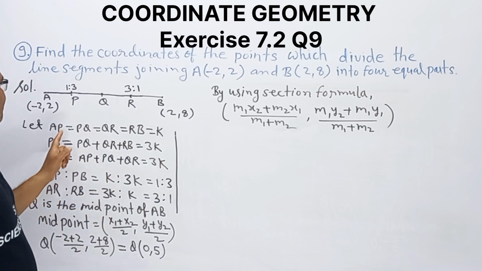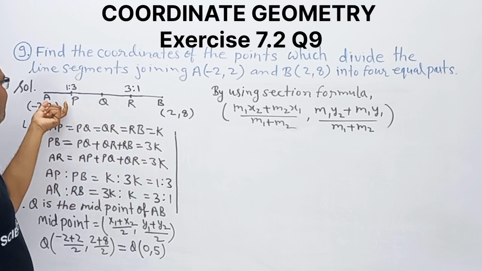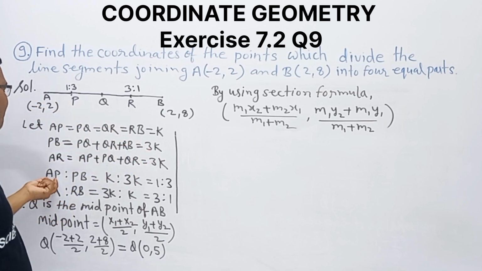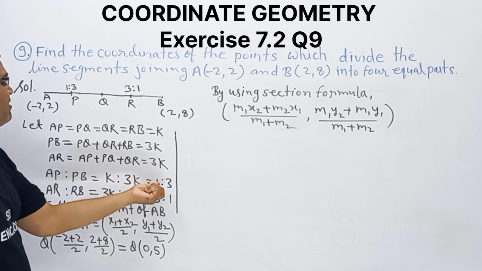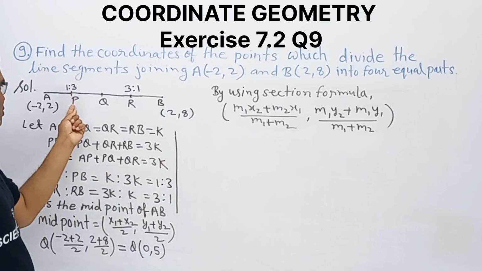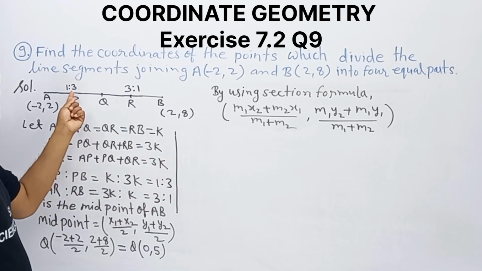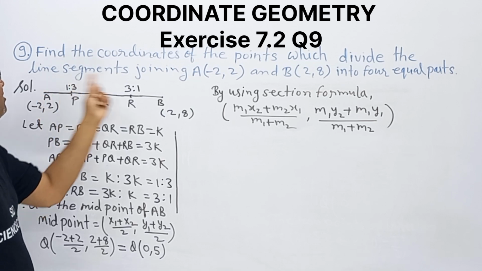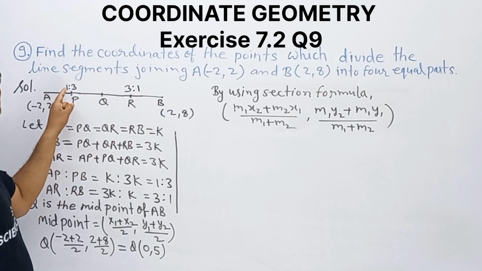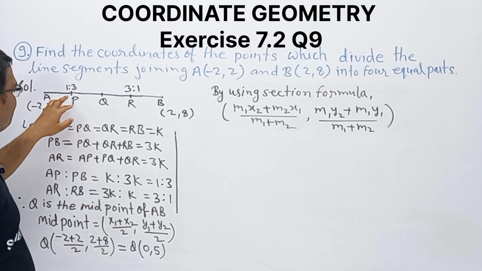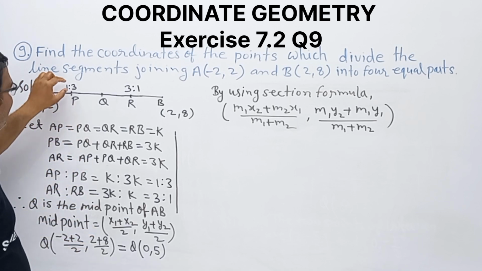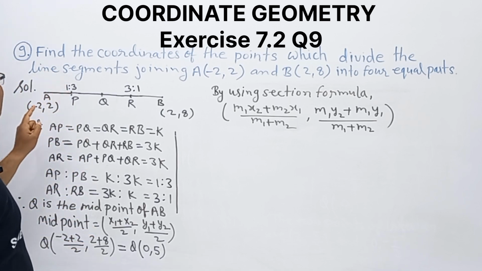So PB is 3K and AP is K. AP is to PB will be K is to 3K, so we can say the ratio is 1:3. This point divides the line segment in the ratio 1:3. Clear?